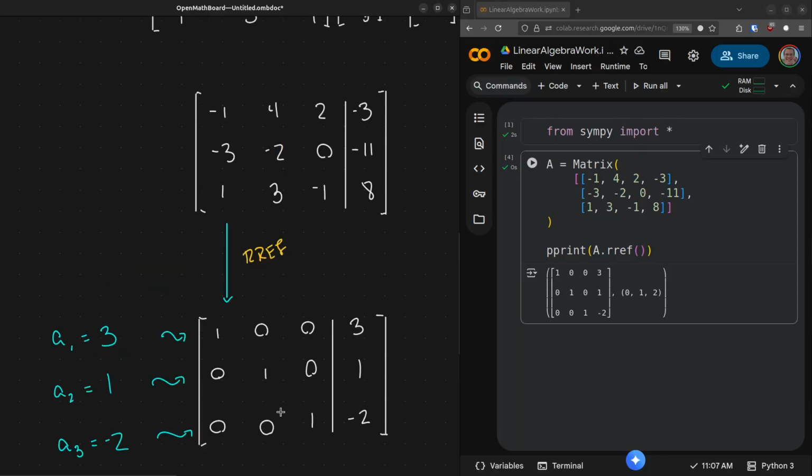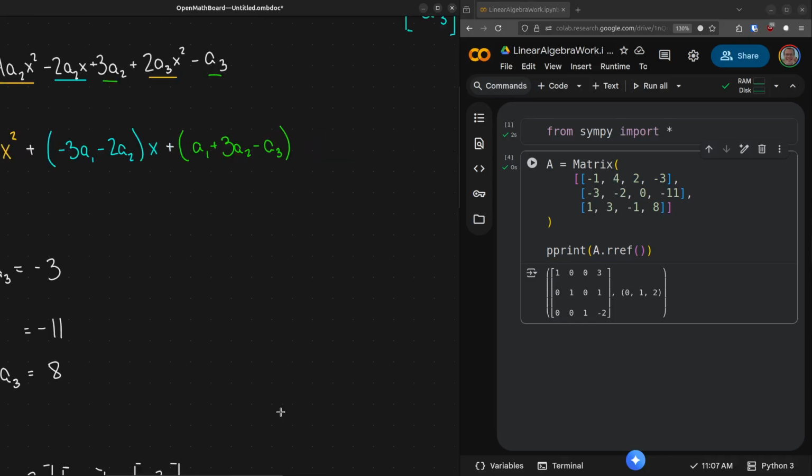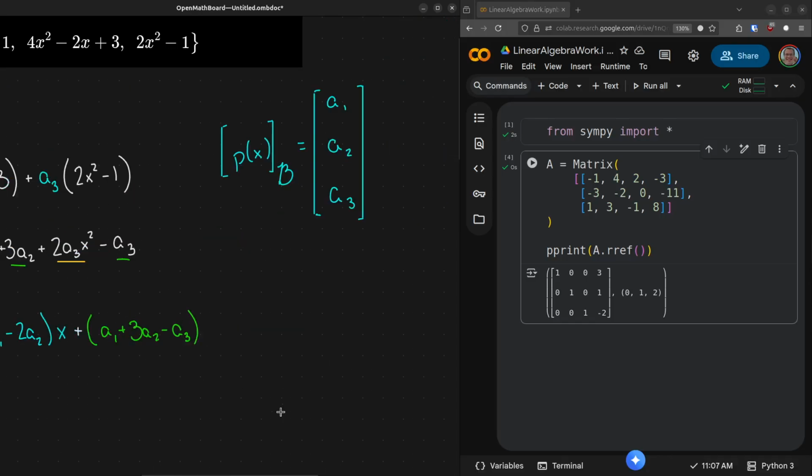Okay. So that tells me what I need to find my coordinate vector for this polynomial in terms of the basis. It's just going to be those three coefficients that we found, A1, A2, A3.